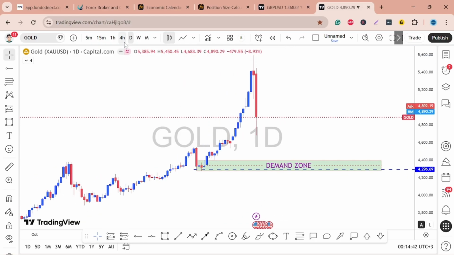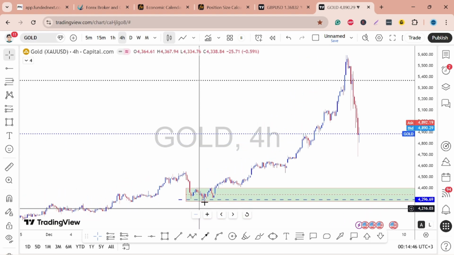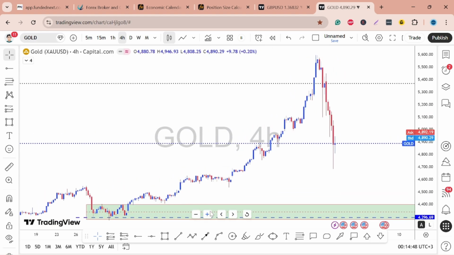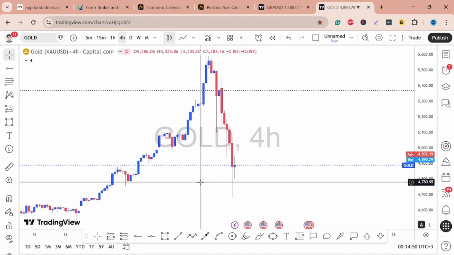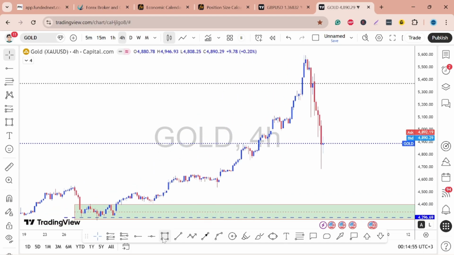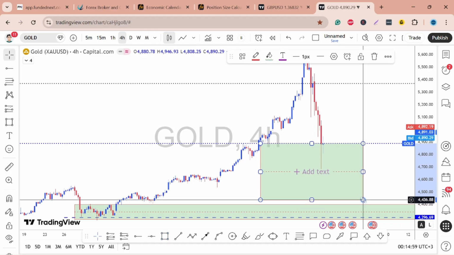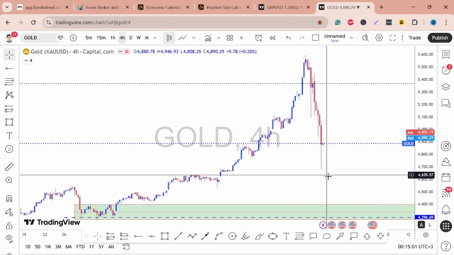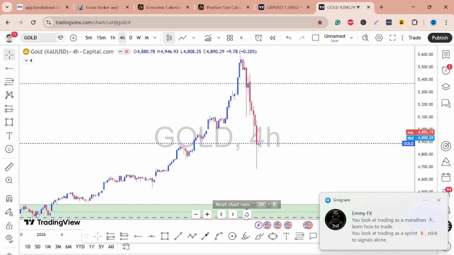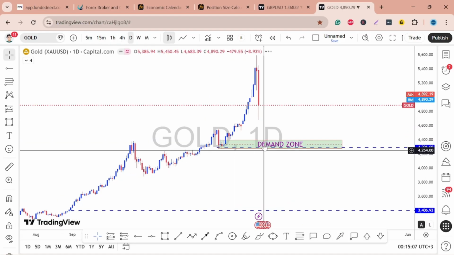This would be an interesting level that you could look for buys on gold. Otherwise, I don't think price will see any bullish momentum on this zone here. So expect the price of gold to continue dropping until the mentioned price zone here.